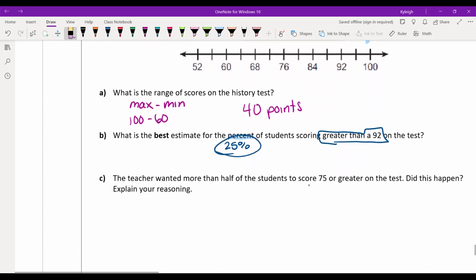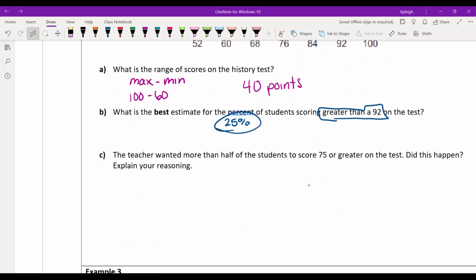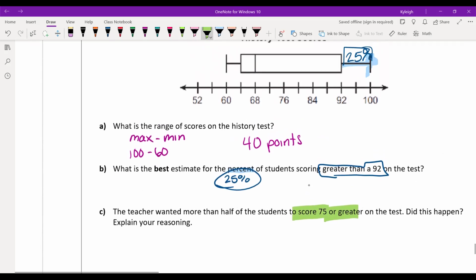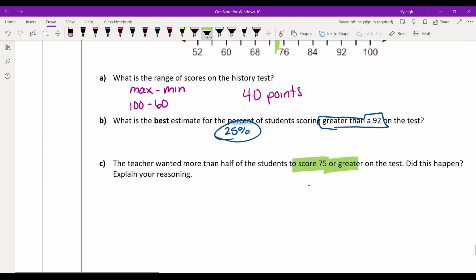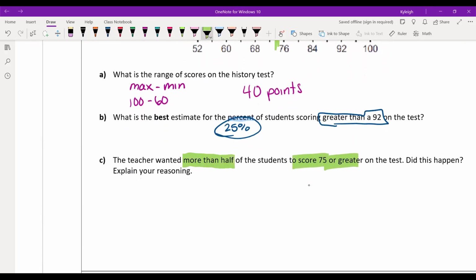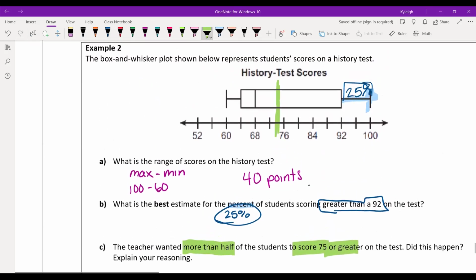Okay. The teacher wanted more than half of the students to score 75 or greater. So let's find 75. 75 is somewhere right there. We wanted more than half. Well, where is half on the graph? That's the median, and that's right here. So all of this has to be half.